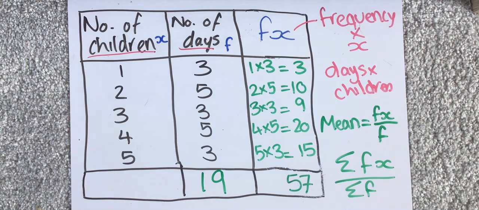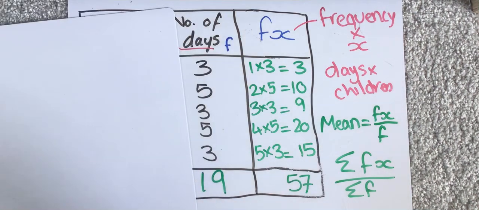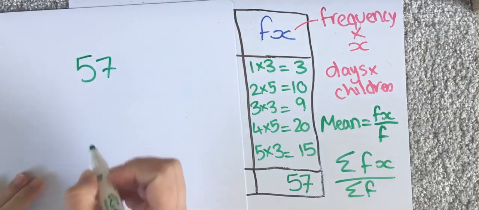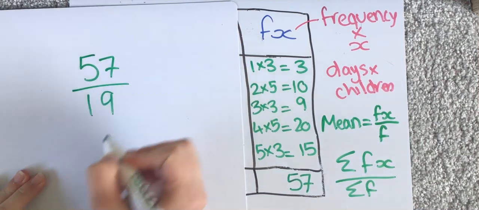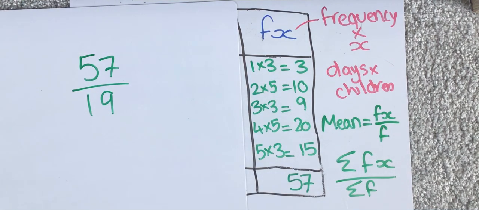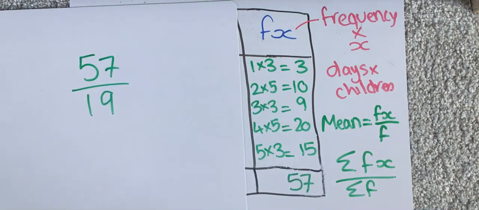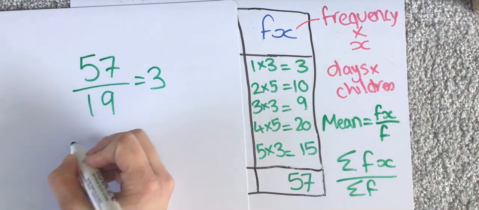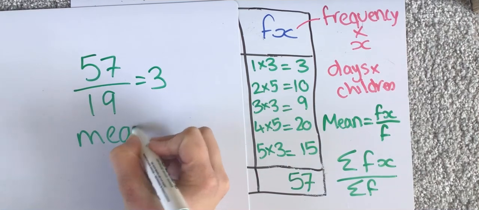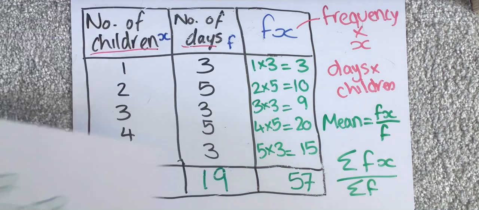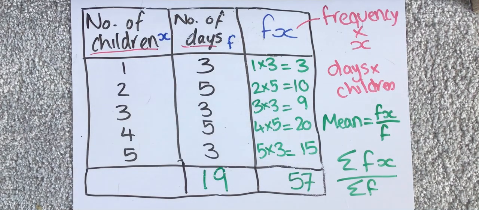So what I am doing is 57 divided by 19, and I end up with 3. So in this case, my mean is just 3. On average, people had 3 days off school. The mean of the days off school was 3.